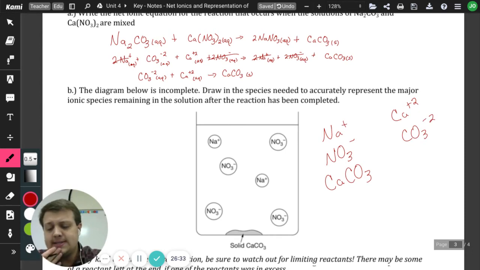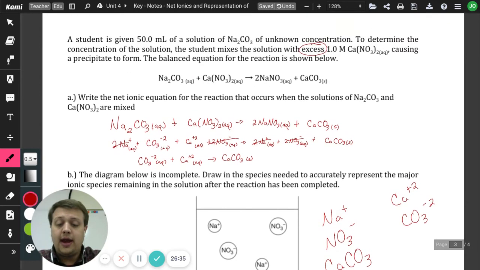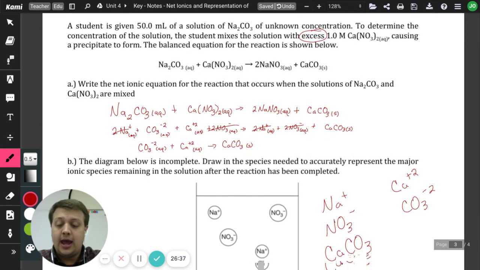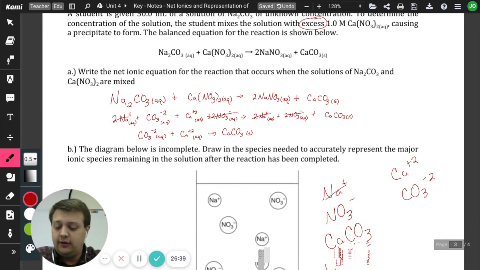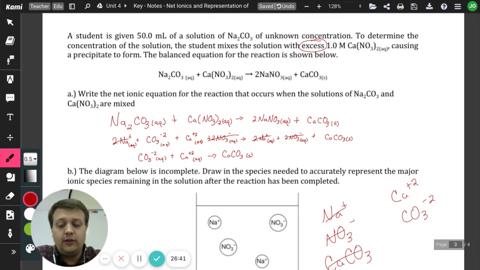But looking at this, I know that I've already got these, so I can cross these off. So it's one of these 2 over here. So which one am I going to add? Well, I started with my sodium carbonate, right? And they told me that they gave me 50 milliliters of that. They also told me that I had excess of calcium nitrate.